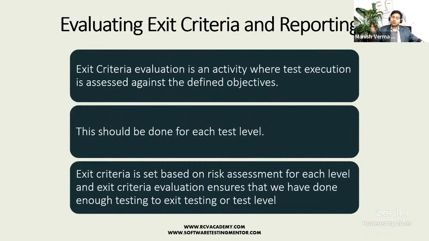So when we say evaluating exit criteria in Scrum, you go through the user stories and see that all the acceptance criteria mentioned in the user stories are being met. Apart from that, you also ensure that all the non-functional criteria, if a non-functional aspect is mentioned, are met. Then for defects, no SEV1 and SEV2 defects are outstanding, if that has been mentioned by the team in the acceptance criteria, exit criteria or definition of done.